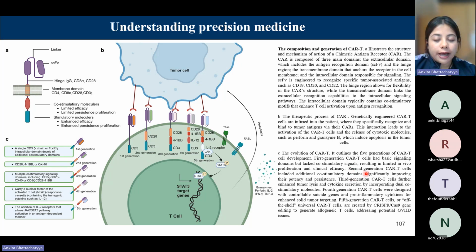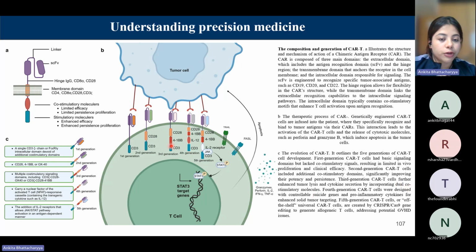Then over time, in the second generation CAR T cells, there were additional co-stimulatory domains which helped in improving the potency of these signaling cascades, and there could be more persistence of that signal as well. Third generation led to further improvement, with enhanced tumor lysis and cytokine secretion by incorporating dual co-stimulatory molecules.